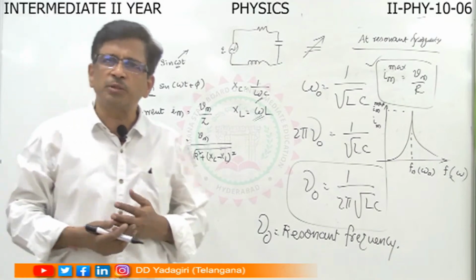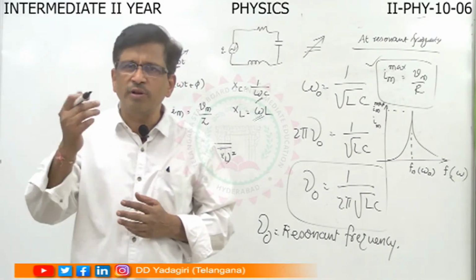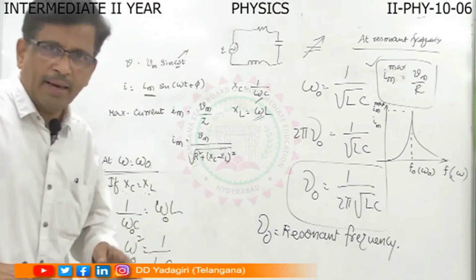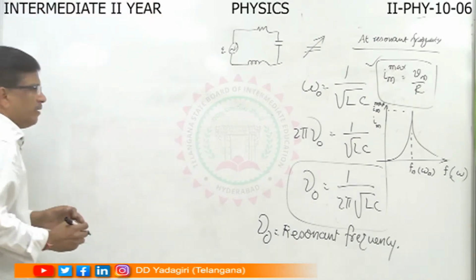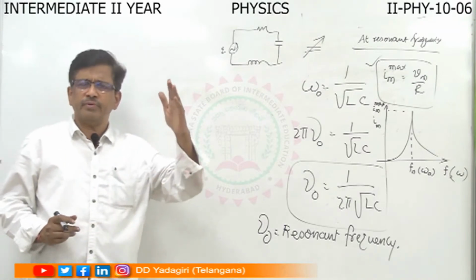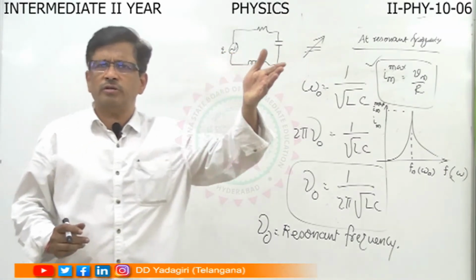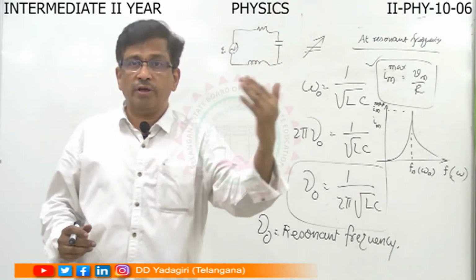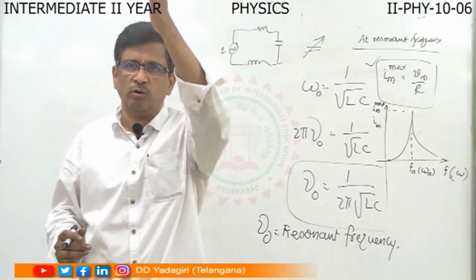Now how is this principle used in the tuning circuit? If you carefully observe, you can understand this. I'll explain. From the TV stations, signals are sent through electromagnetic waves and they reach the antenna in our house.